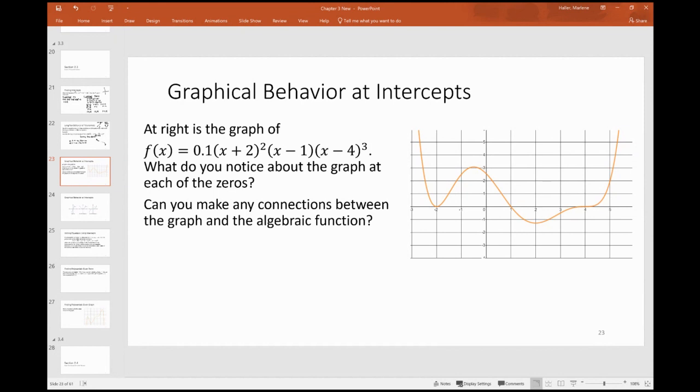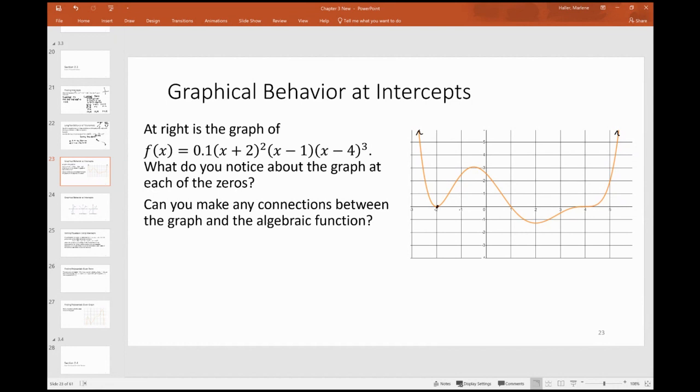All right, so here we're looking at, in orange here, and it does keep going, the graph of f of x, which is 0.1 times (x plus 2) squared times (x minus 1) times (x minus 4) cubed. Okay, so we can see that the zeros or intercepts of this function occur when all of these factors are set equal to 0.